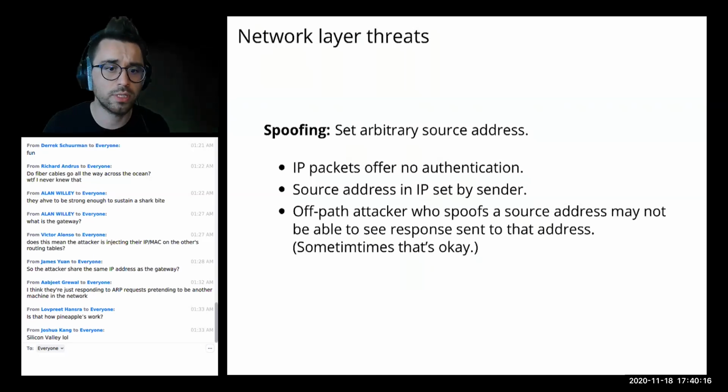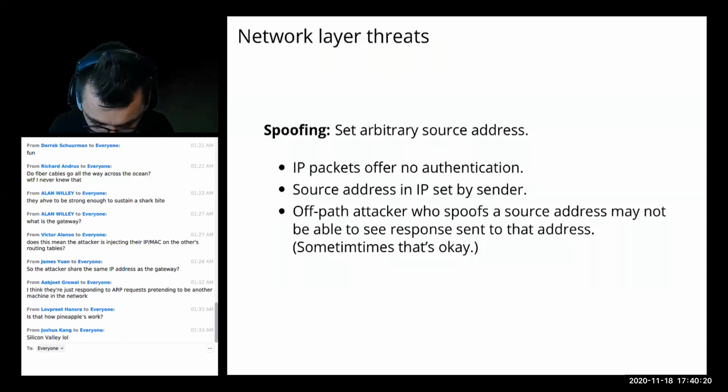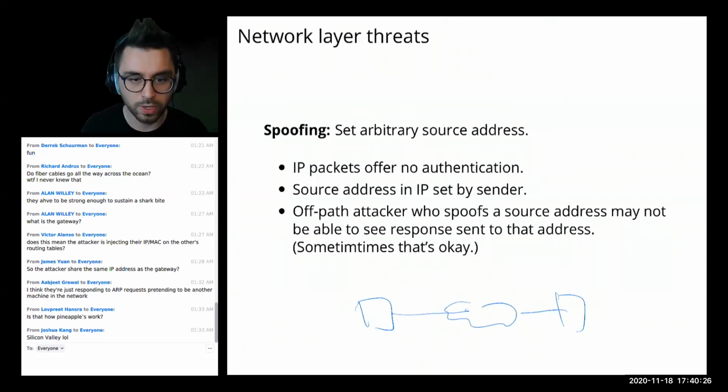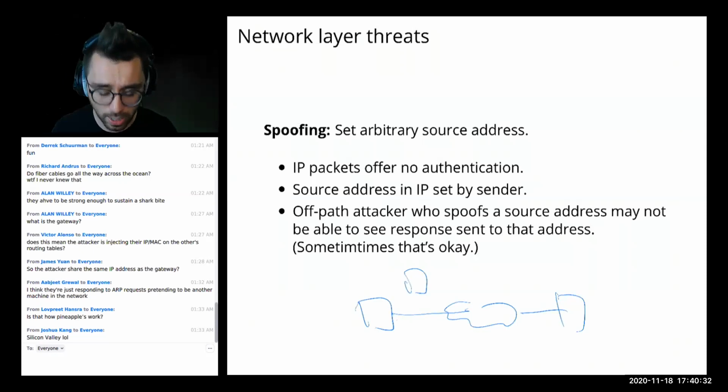And you can even do this as an off-path attacker, right? If you remember, off-path is I have maybe two victims. With an off-path attacker, I'm not actually able to intercept, so I can't inject packets in between and sniff on these packets.